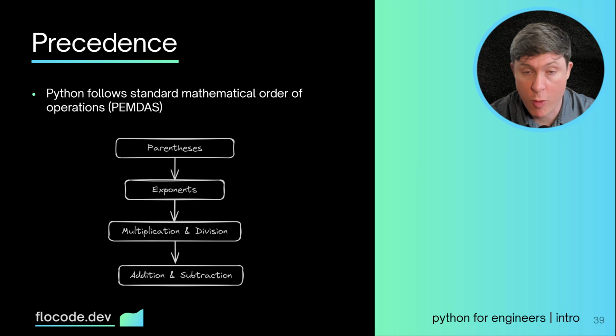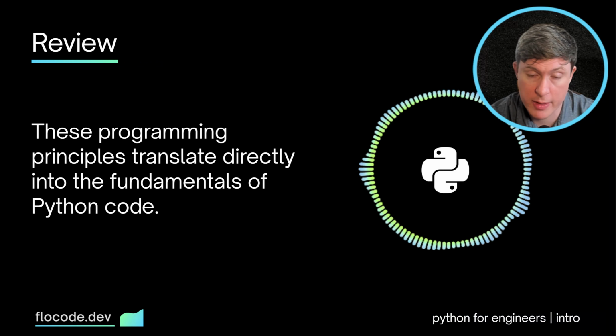So this whirlwind tour has covered the essentials of programming, and at this point the concepts might still feel very abstract, like looking at a set of drawings missing a lot of different components. The principles that we've discussed will translate directly into the fundamentals of Python code when we begin to learn it.